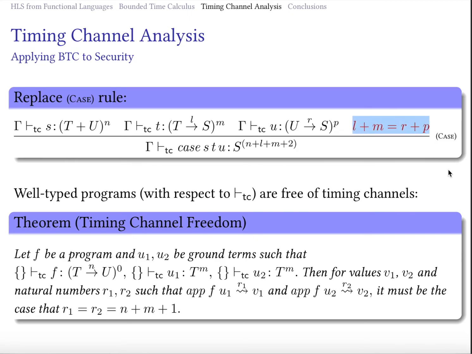We replace the case rule with one that has an extra hypothesis, basically saying that the time that T takes has to be equal to the time that U takes. And then we show some examples, also mechanized in Coq, and we prove timing channel freedom for this altered type system.